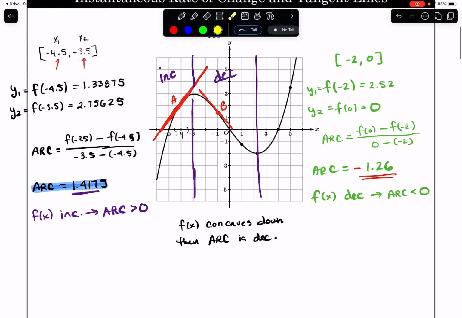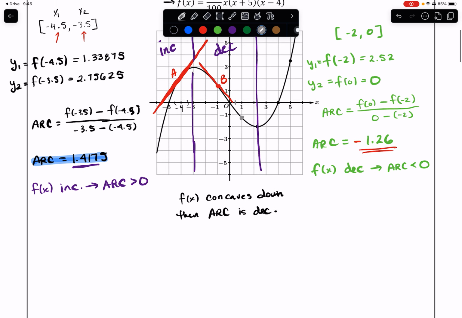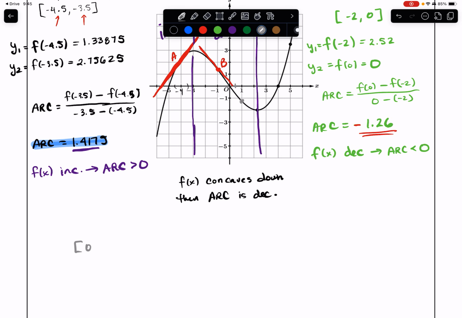And let's investigate this one more time, and let's see what happens at this location here. We'll do it in gray at this point right there, okay? So let's figure out what the average rate of change is right there. And this time I am going to use a number that is closer. We're going to use 0.5 for x1 and 1.5 for x2, since we want to see what's happening right here at 1.